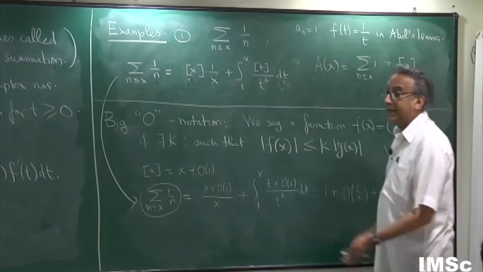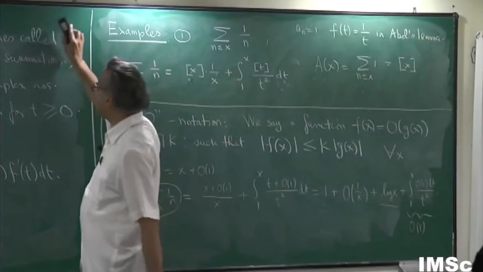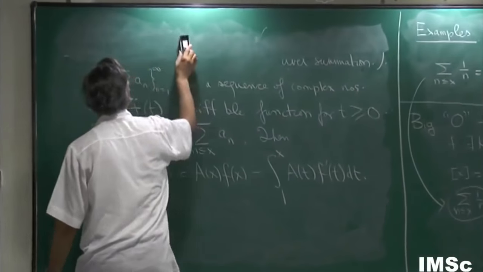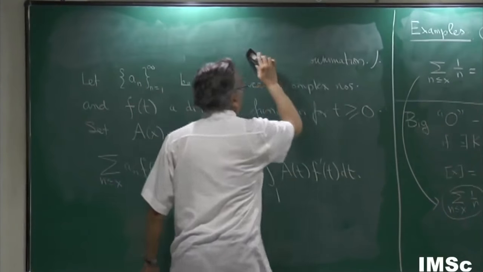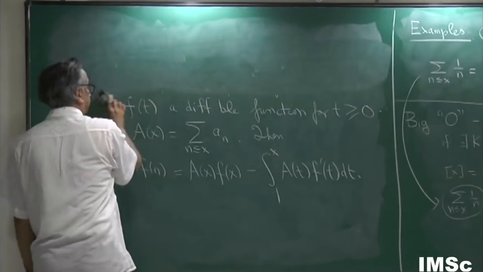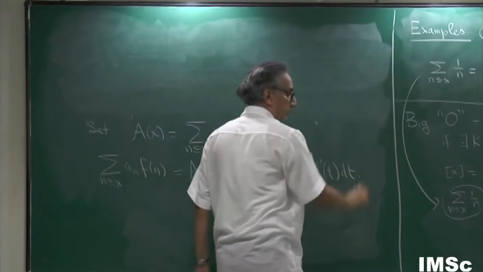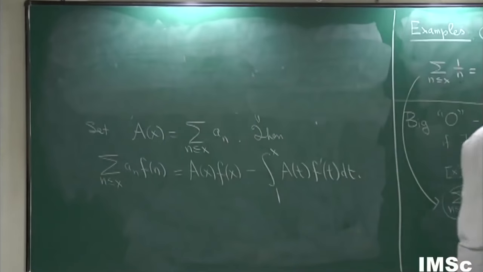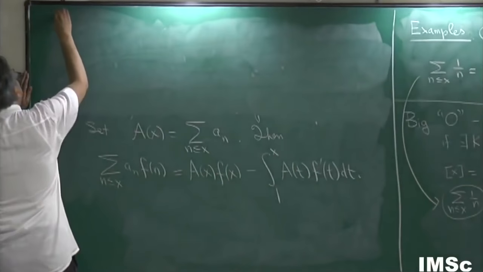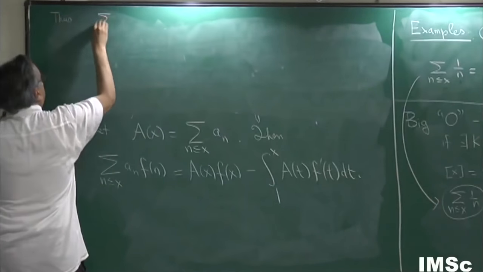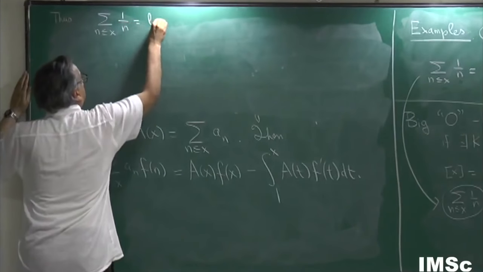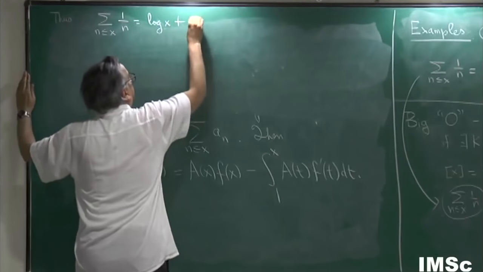So this theorem is very nice because it gives me immediately, without any difficulty, asymptotic information without too much work. I just have to know how to use this Abel lemma. So thus, summation n less than x, 1 over n, is log x plus O of 1.